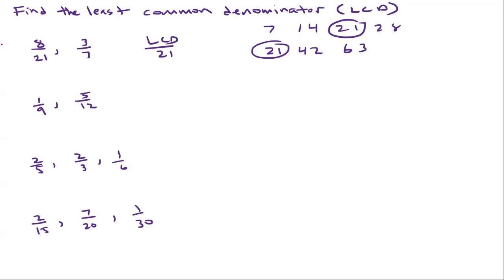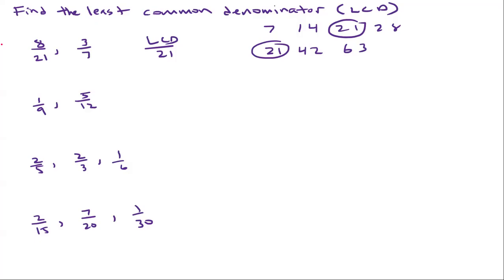So I need to pick a different number that they can both go into evenly. Now, again, one thing you can do is multiply 9 and 12 to get a common denominator. But it wants the least common denominator, so that wouldn't be the least one, because 9 times 12 is 108, and that number is pretty big.